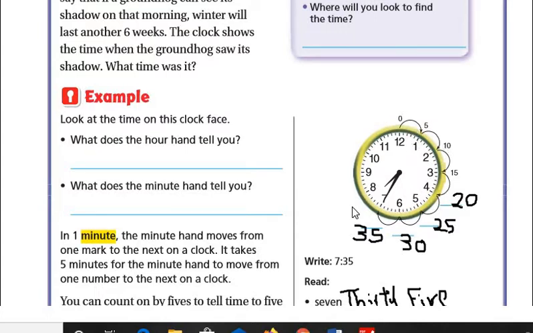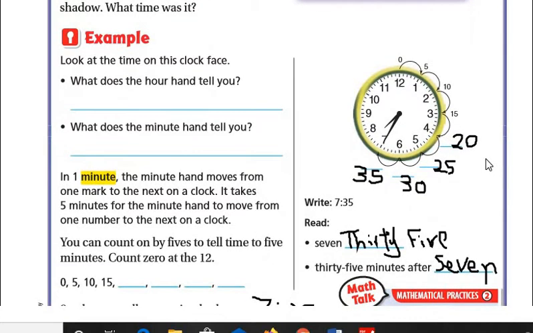So if we have this clock and we want to know the time, what time is it? We will look at the short hand. It's between 8 and 7. Which one comes first? Yes, 7. And then 7 is the hour.